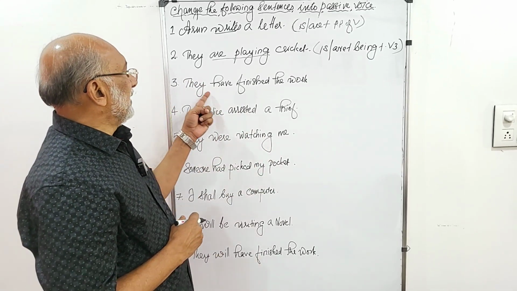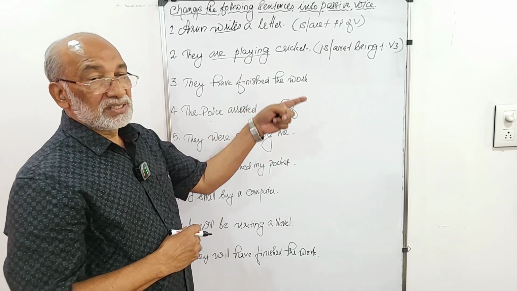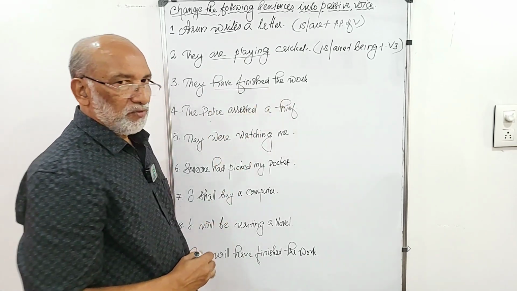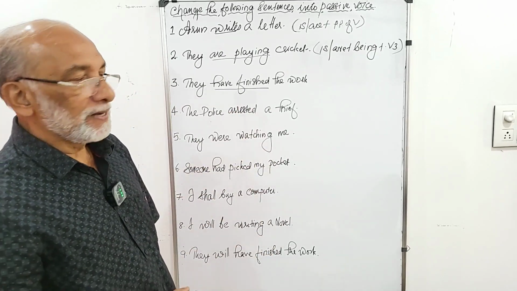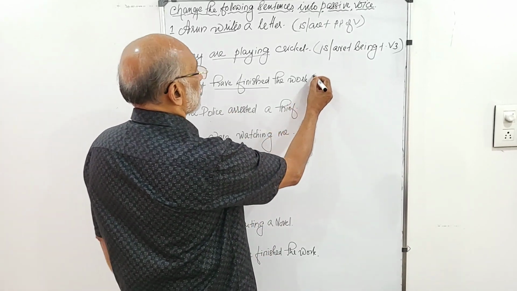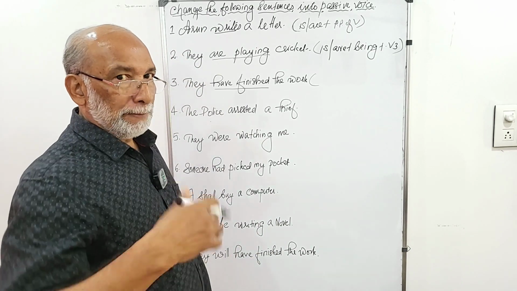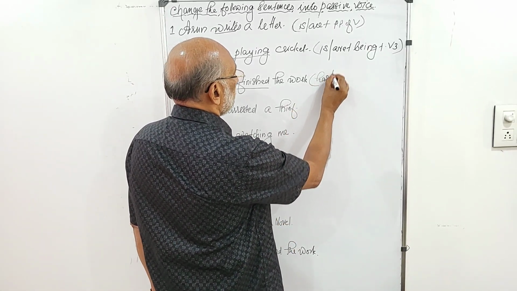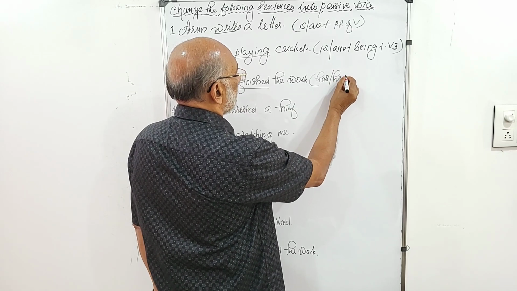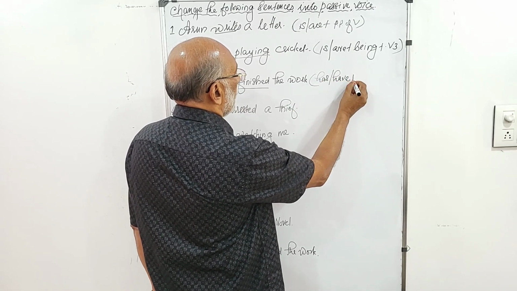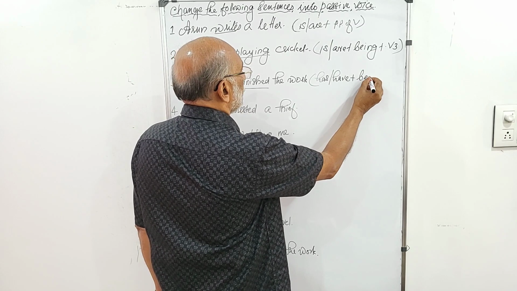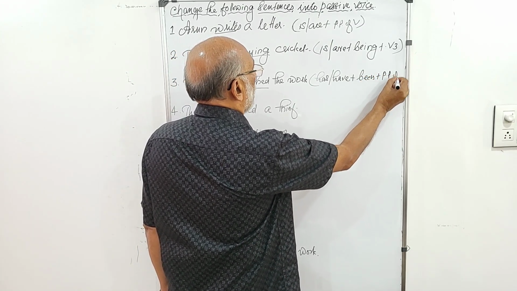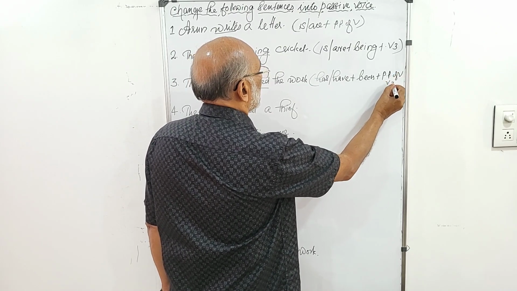Now, third one, they have finished the work. Here, have finished is the verb and that is in present perfect. The structure of the verb in the passive will be has or have plus been plus past participle of verb or V3.